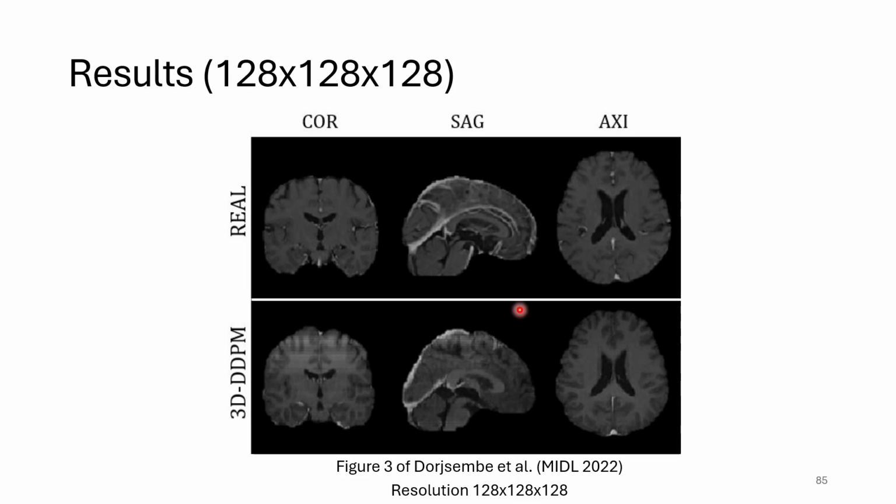So maybe I think it is this artifact that makes the radiologist able to tell which one is generated by 3D DDPA and which one is the real image. So the result they show, I think, only allows a conclusion that the 3D DDPA is good enough that people can't tell the difference.